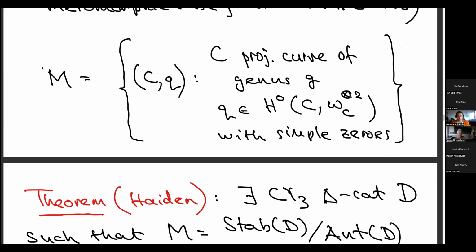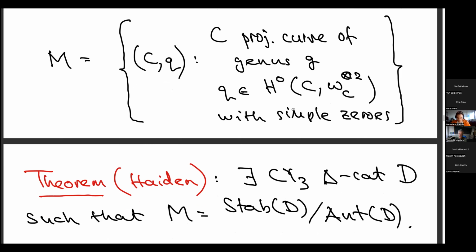This space does arise as a space of stability conditions thanks to a theorem of Fabian Haiden, who constructed some CY3 triangulated category such that this space, well, actually, it's not exactly this. It's rather that if you take the cover of M where you equip C with a framing, then that really is a connected component of the stability space, is the correct statement.